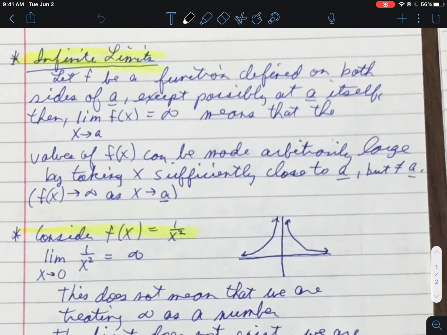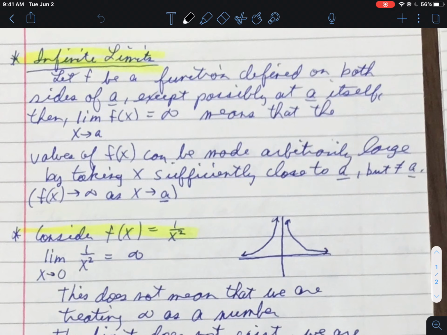What happens if the value of the function is getting larger positive, or larger negative? In that earlier example, as we approached 3, I think it was, the value of the function got larger, approaching infinity, and from the other side, it was approaching negative infinity. So that's what we call an infinite limit.